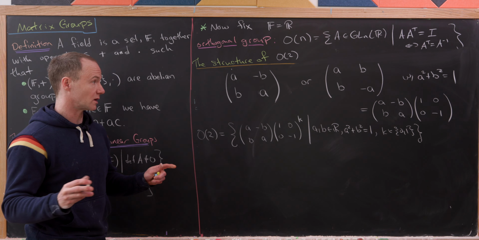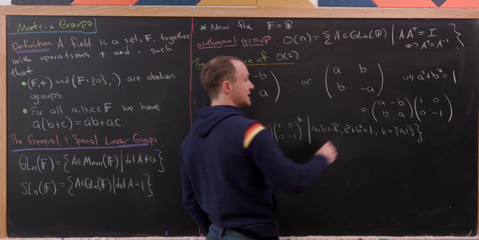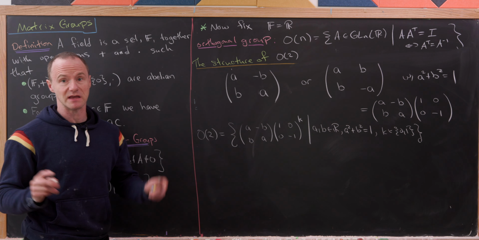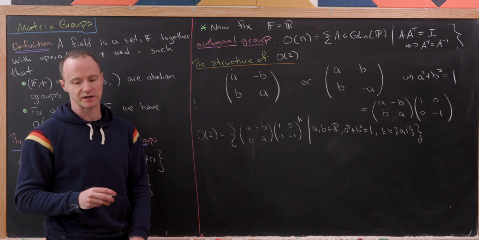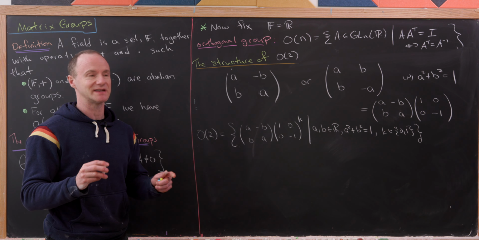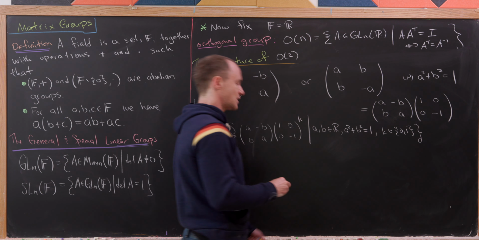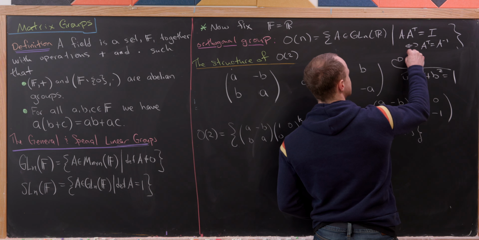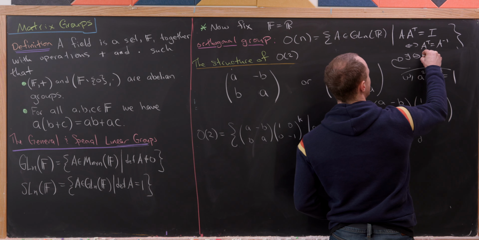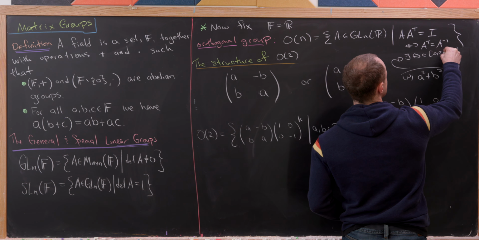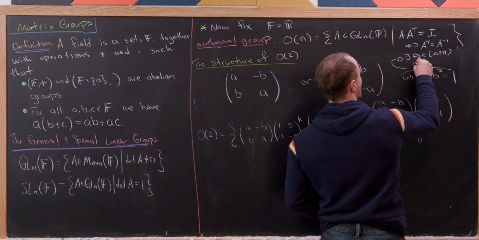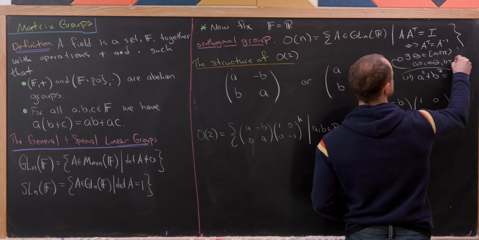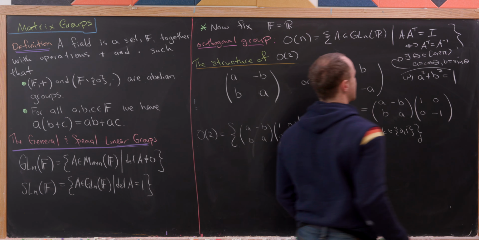But wait, there's more. And there's more because if we think about this A squared plus B squared living in the AB plane, and we have A squared plus B squared equals 1, that's parametrizing the unit circle. So that means that there exists some value theta on the interval from 0 to 2 pi, where A is equal to cosine theta and B is equal to sine of theta.